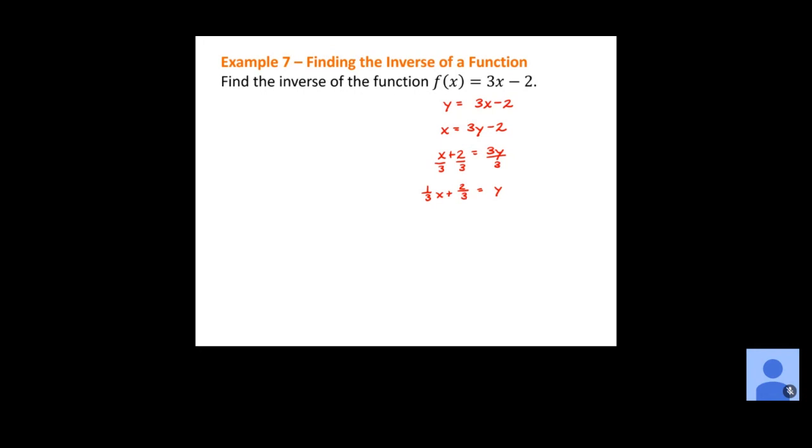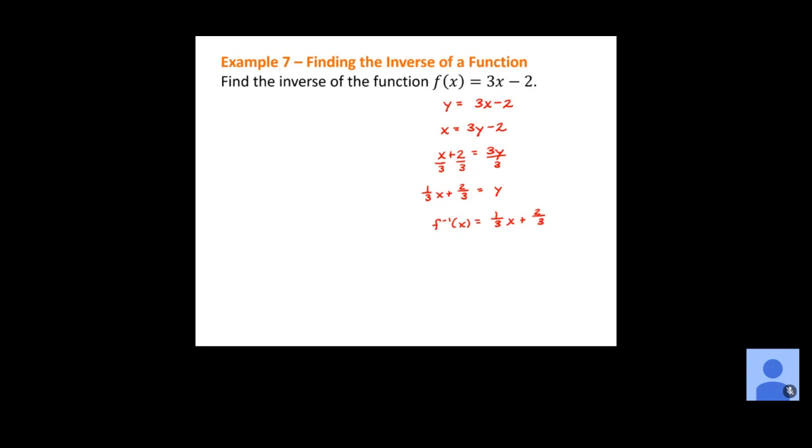So just make sure you're dividing both of those terms by 3 here. So we get 1/3 x plus 2/3 equals y. That is now our inverse function. So we just need to make sure we label it as an inverse function. So we would say that f inverse of x is equal to 1/3 x plus 2/3.